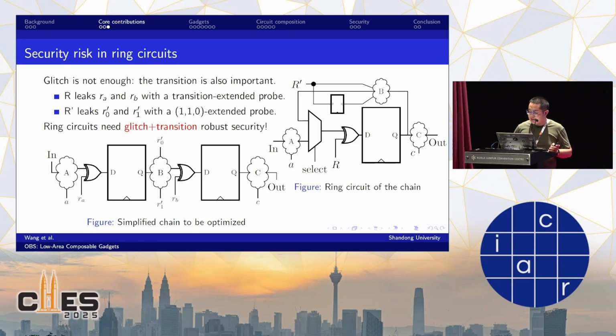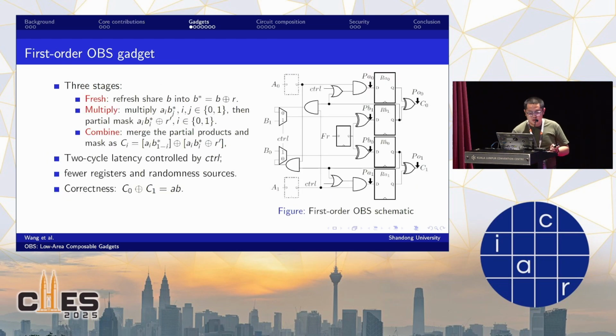Our GAGIS designs address these combined threat models, as G is 1 and T is 1. Here is our OBS GAGIS design. This is the first order design, which operates over 2 cycles and comprises 3 stages.